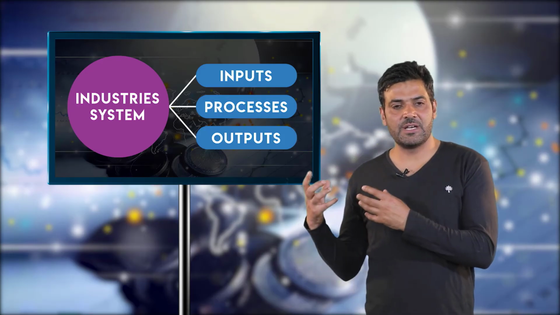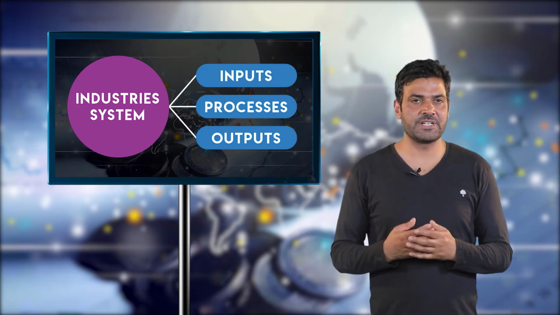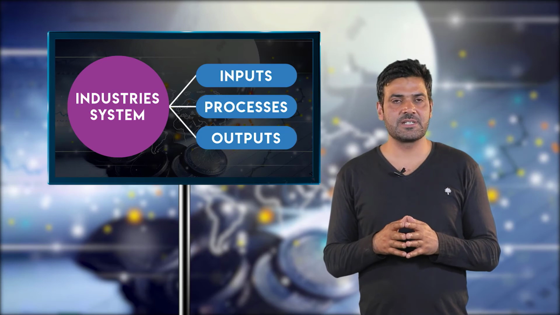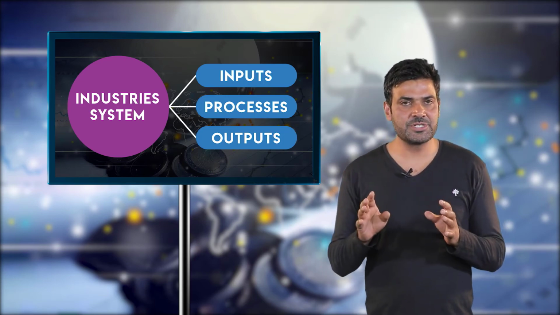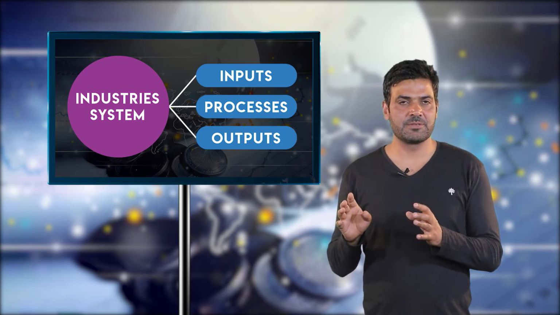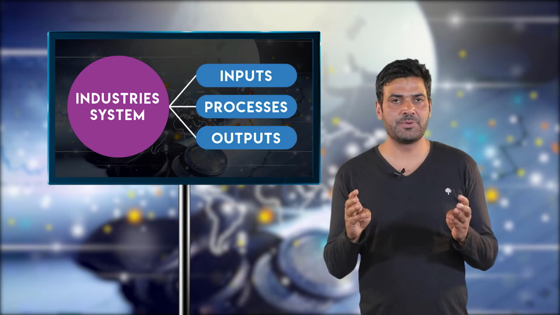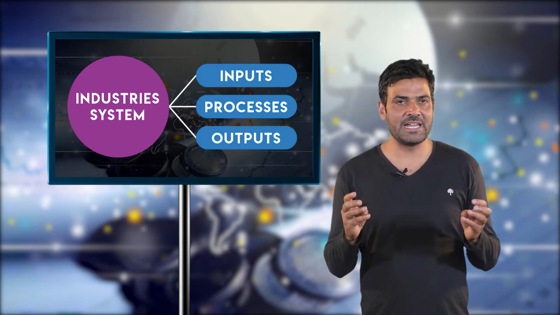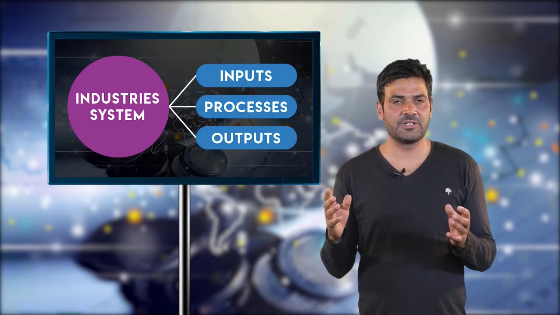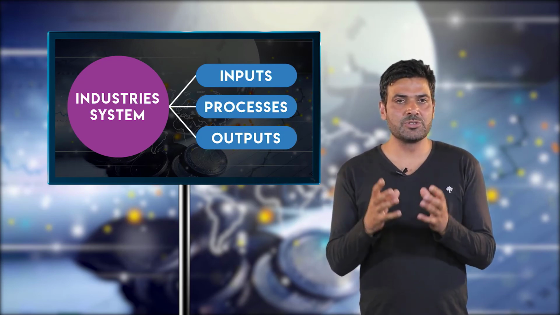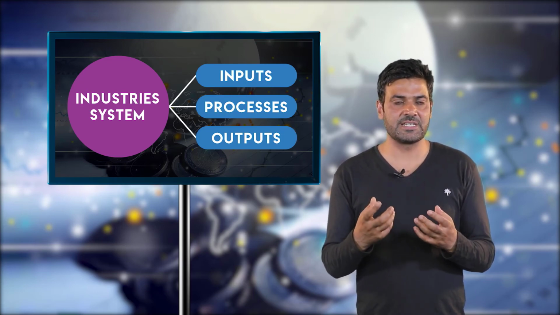Next we have the industrial system, one of the topics in our textbook. The industrial system consists of three important components: inputs, processes, and outputs. Inputs may include transport, raw material, land, machinery, and other technology that we use in order to produce or process things.